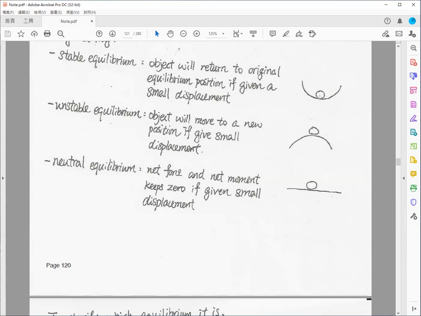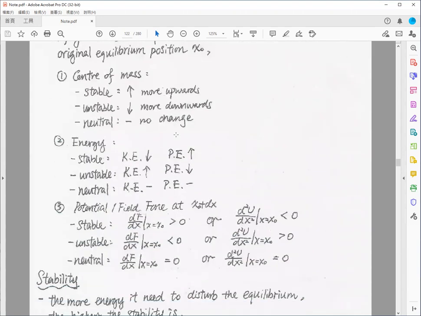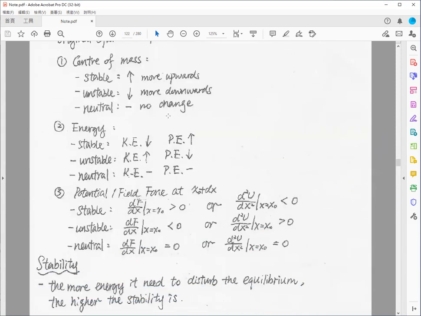When this object is displaced by a small displacement and it can still return to its original position, that is stable. This is a stable equilibrium. Unstable and then neutral, and that's it. If you want an object to be more stable, you need to lower the center of mass. We'll talk about this later on.